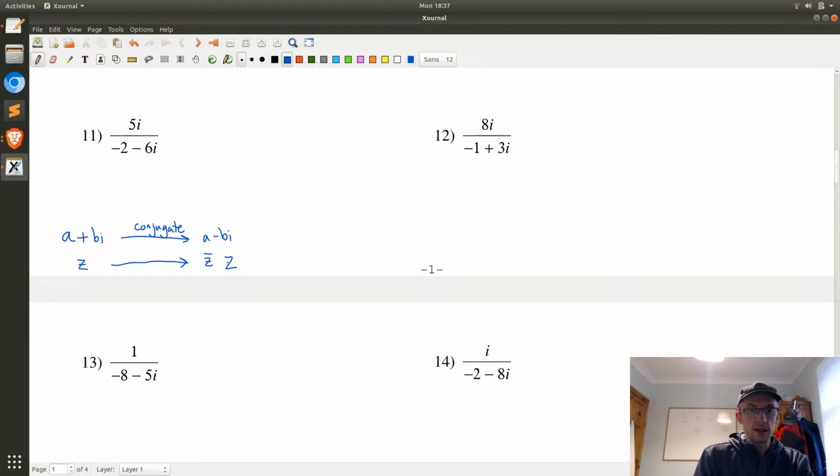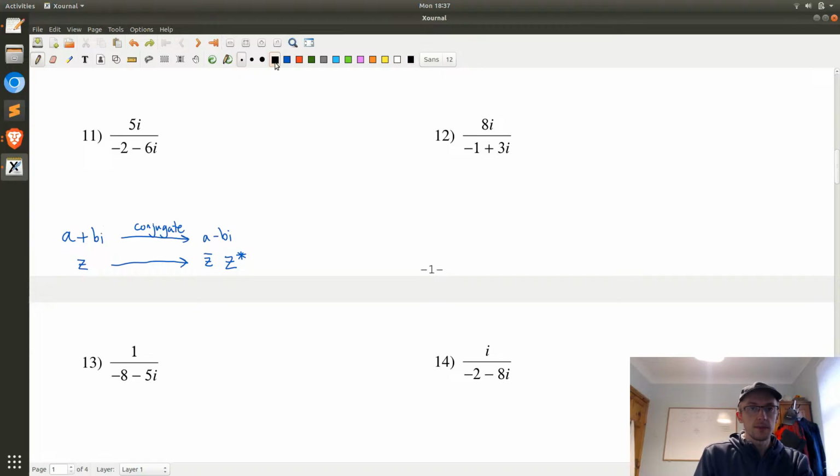Sometimes I've seen it as z with a little star like that. And yes, you can do it to the top here, like that. It's seen as a legitimate operation symbol.